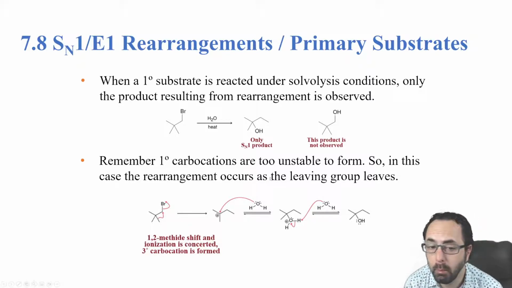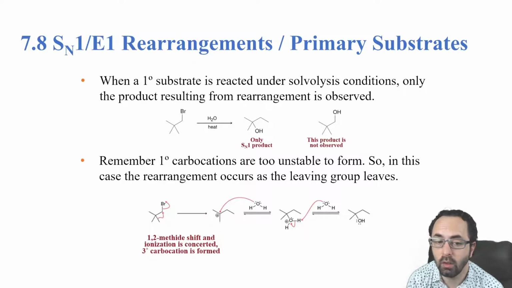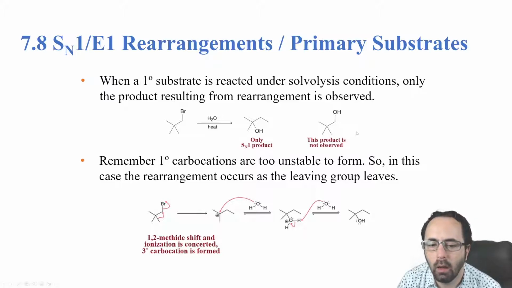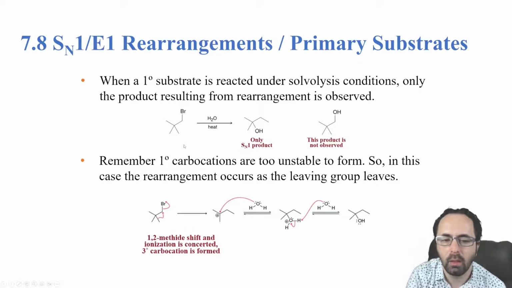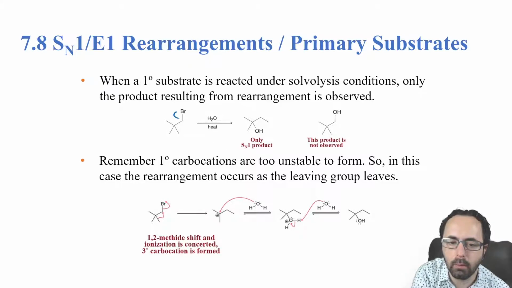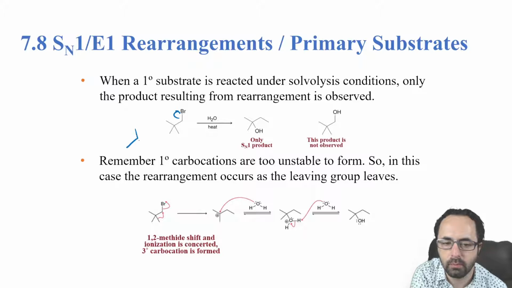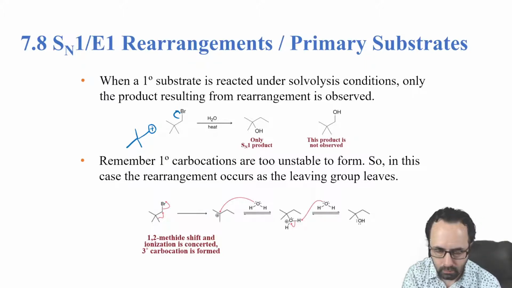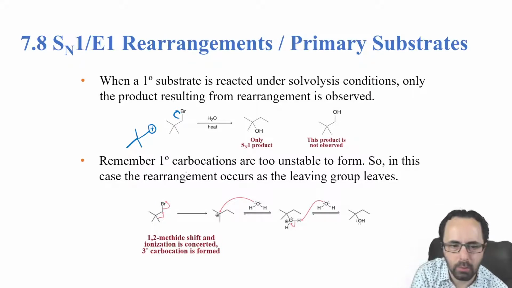So when a primary substrate is reacted here under the solvolysis condition, we're going to see extremely little of the product in which the bromine is directly replaced, because again, if we have the loss of the leaving group here, what we have is a primary carbocation, extremely unstable.